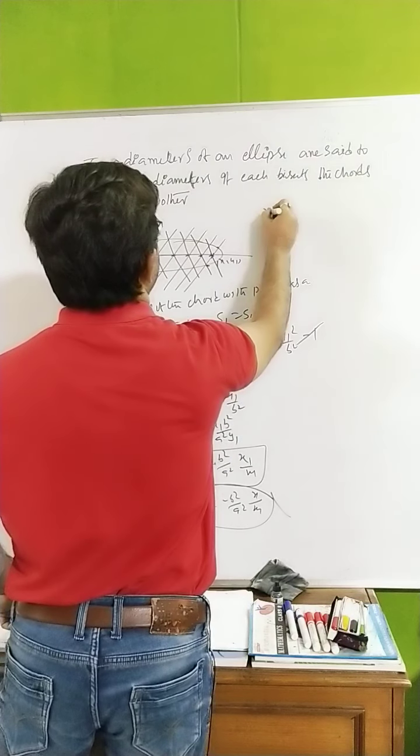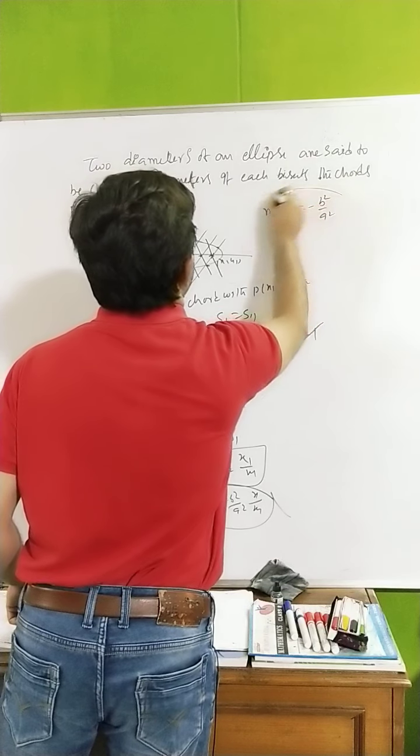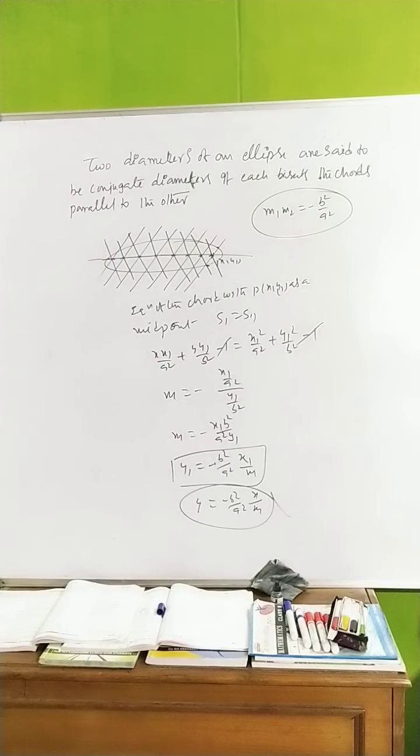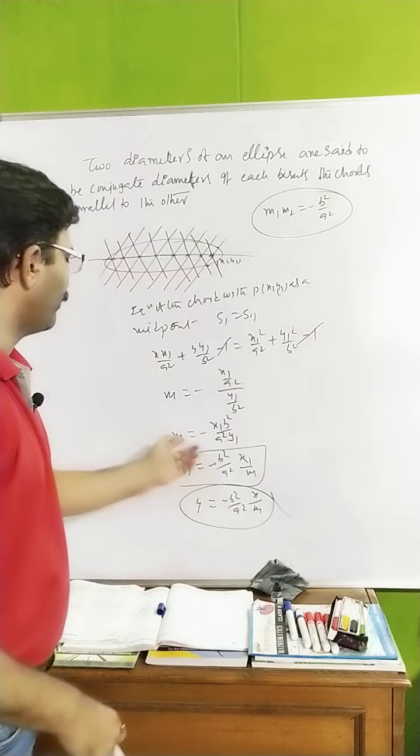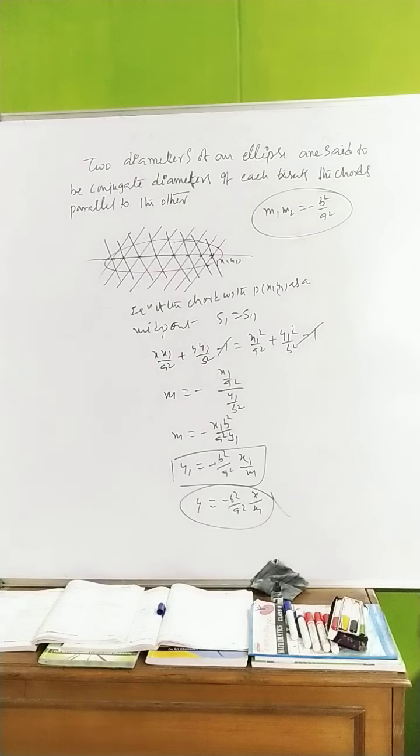The condition is m1 m2 is equal to minus b square by a square. If two conjugate diameters are there, m1 is the slope of one and m2 the slope of the other; if you multiply, you get minus b square by a square. If you remember that, it is more than enough.